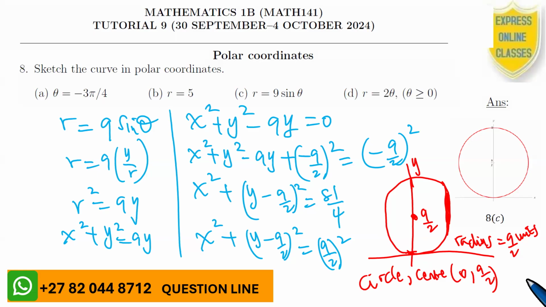Okay, so we've sketched this one, so this one corresponds exactly. Because at this point this is 0, then this one is going to be 9 units. Because it's 9 over 2, and here it's 2 times 9 over 2, so up here is 9.